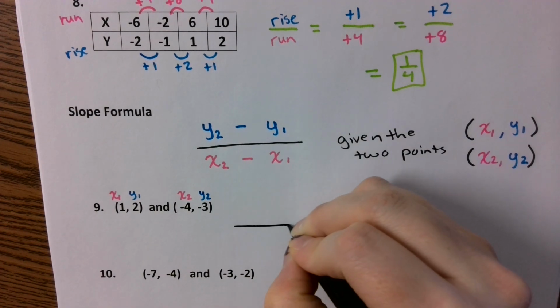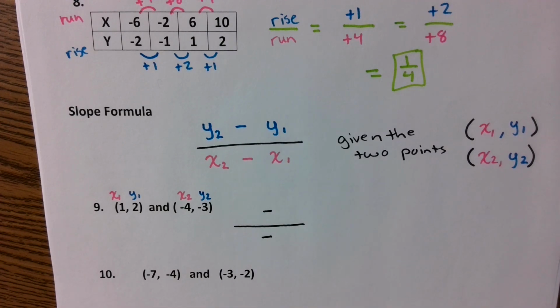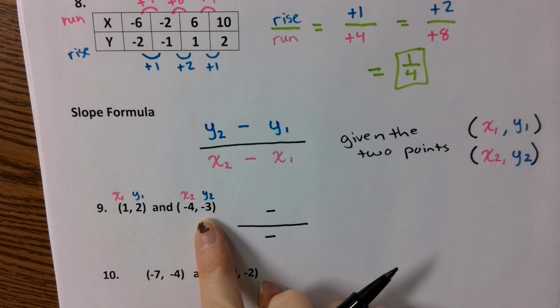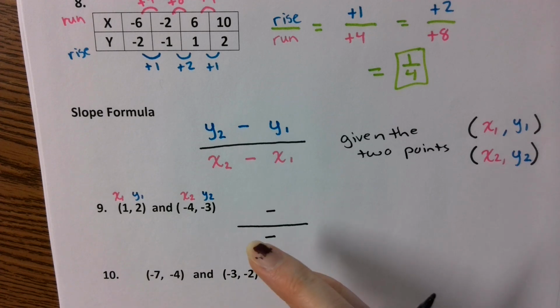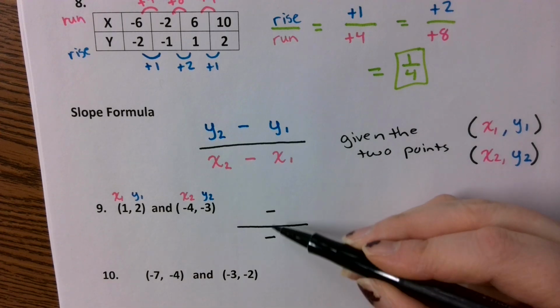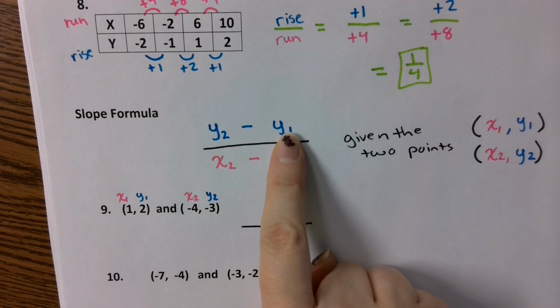Now, one of the things I always tell students, set it up first, because I can't tell you how many times people see the negatives and automatically think, oh, that's already there with my subtraction sign, so they drop the negative. By dropping your negative, it changes your answer completely. Okay, so I always say fill in your subtraction signs first, then fill in the points. So we know we're doing a y2 and a y1.